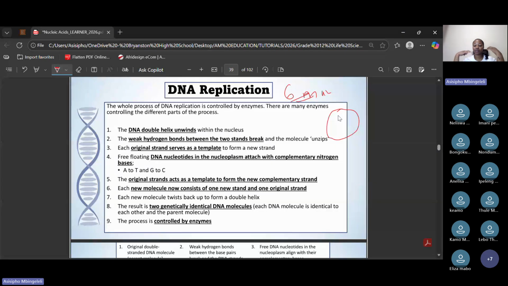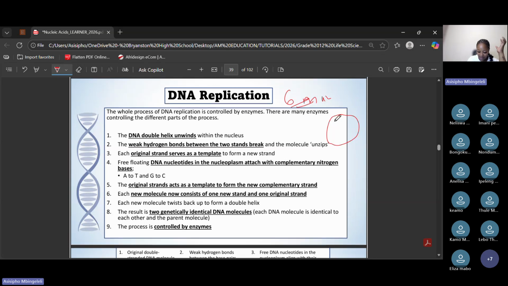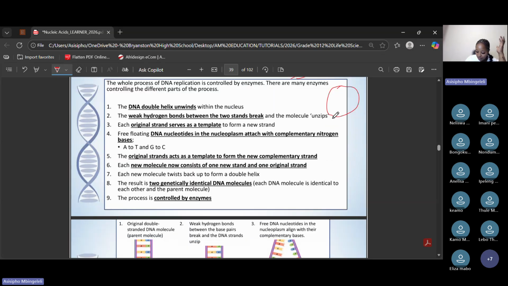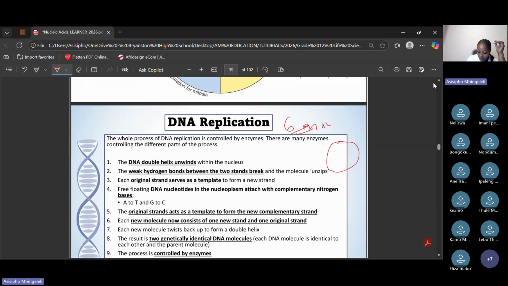Remember, we said that this process takes place in the nucleus, and the main goal is for DNA to make an exact copy of itself. Now, when we think of DNA in a natural form, it's double helix. Okay, yes, it's double helix. So this is the natural form of DNA.